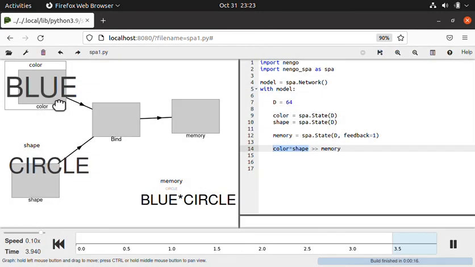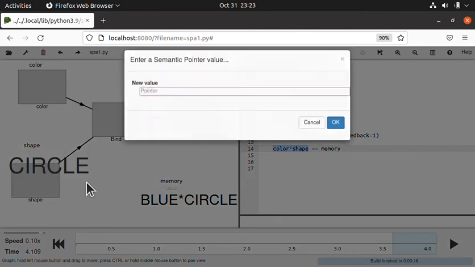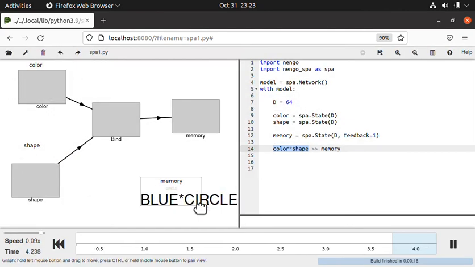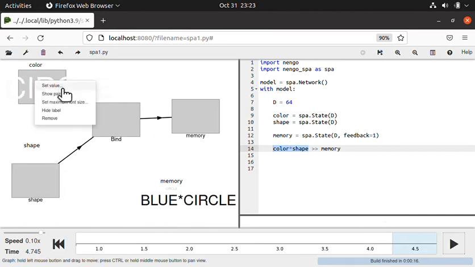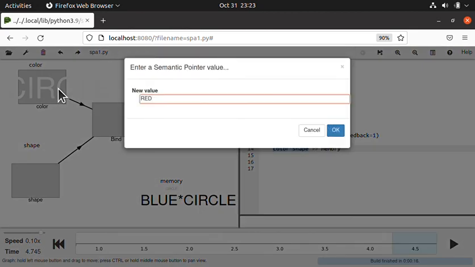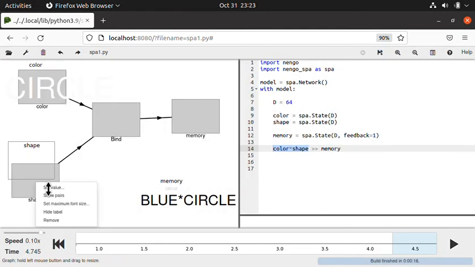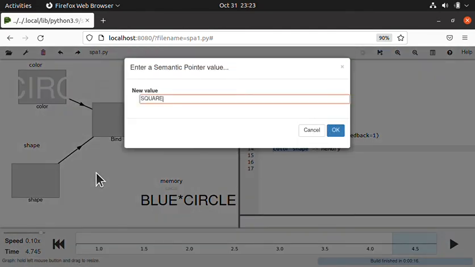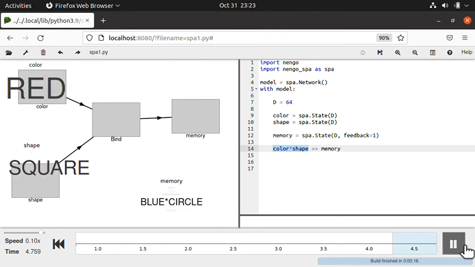First I can take this input away, and the memory stays. It's blue circle. Red square. Let's feed that in.